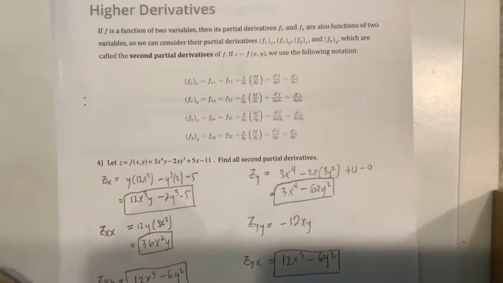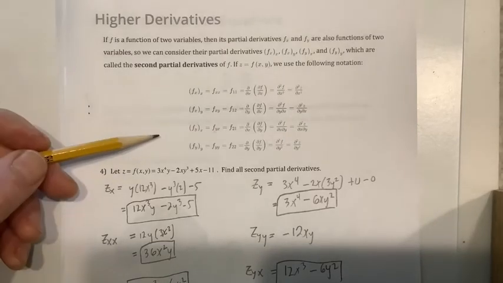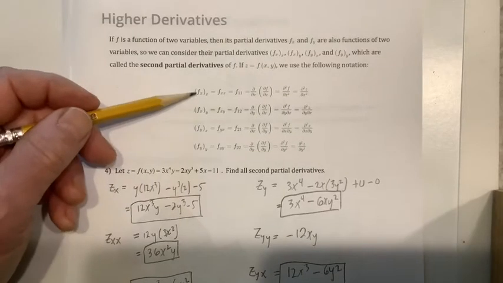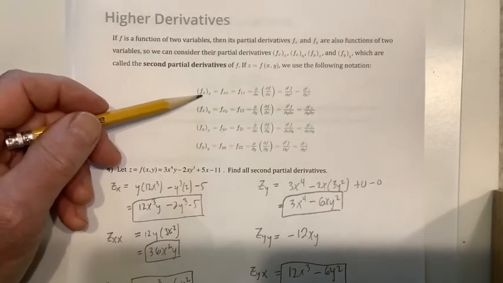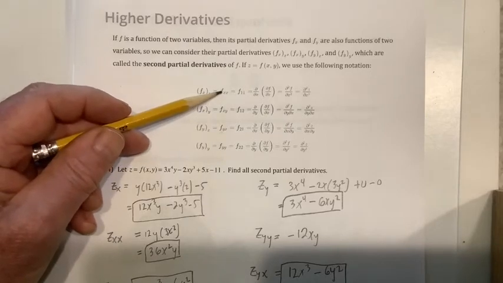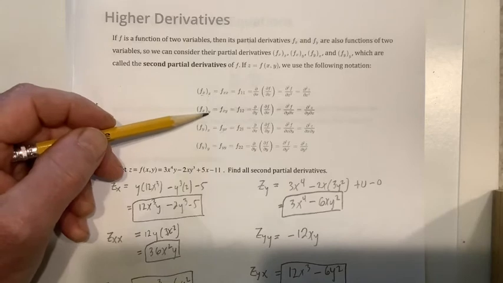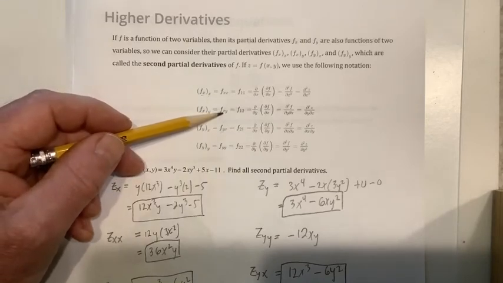You could find the second partial derivatives with respect to x and y. Notice it gets more complicated here. You could take the partial with respect to x and then take the derivative of that with respect to x. That's called f sub xx. It gets a little tricky if you take the partial with x and then the derivative of that with respect to y. It's written as f sub xy.